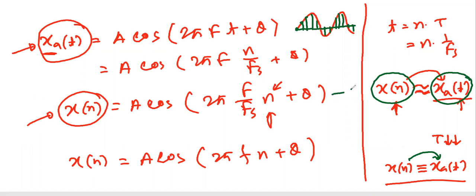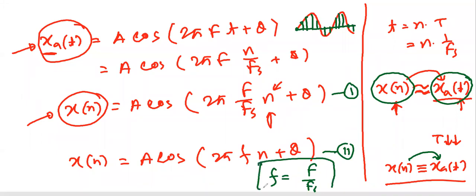So from equation number 1 and equation number 2, what can we say? We can say that the small f is nothing but F divided by fs. We have another representation, so this is very important. Please mark it. Small f is equal to capital F over fs.